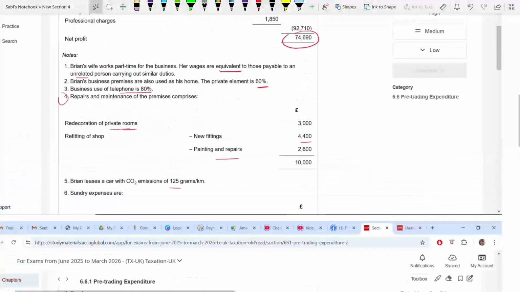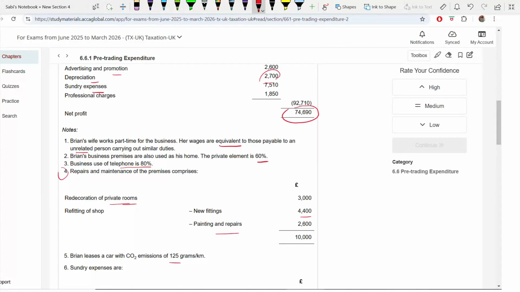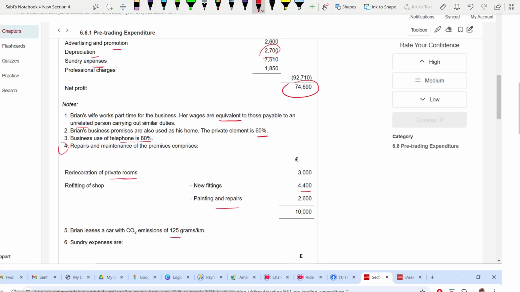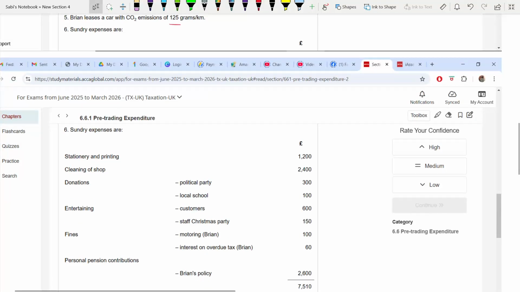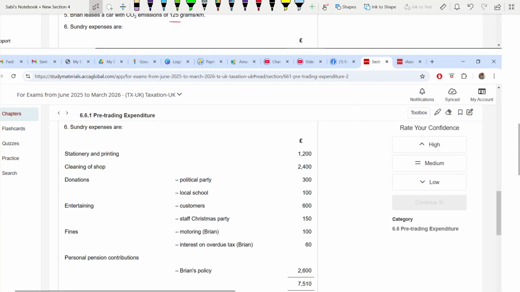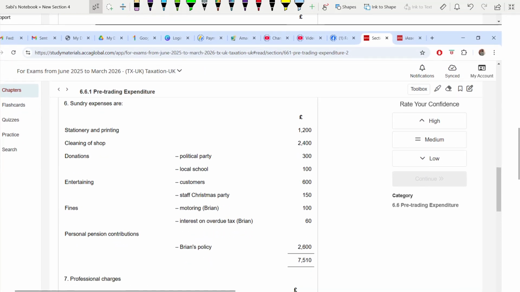So here, sundry expenses. For sundry expenses, there's a note. There's a breakdown of those sundry expenses. Okay. So here, stationery and painting.